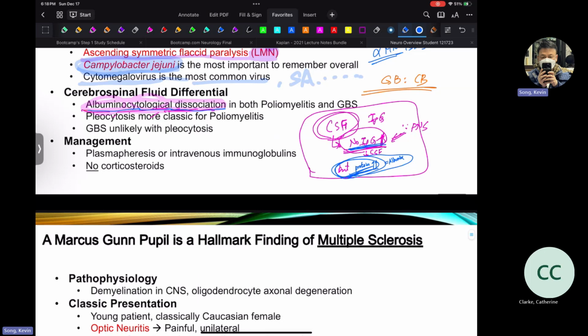Also, similar logic happens in poliomyelitis. What is polio? Is it a CNS problem or a PNS problem? Do you know polio, right?